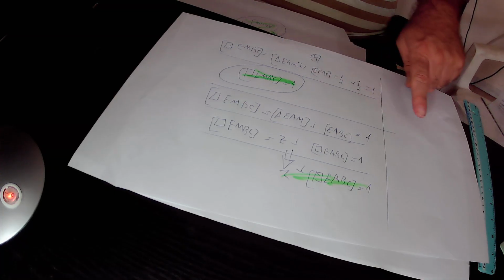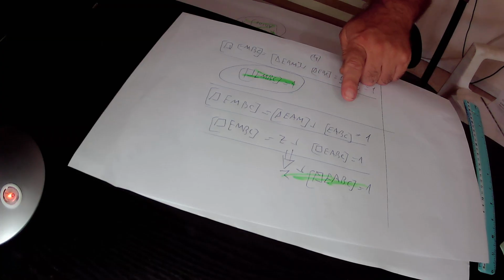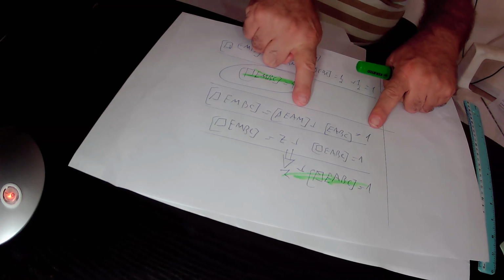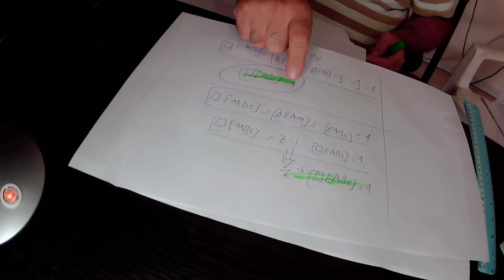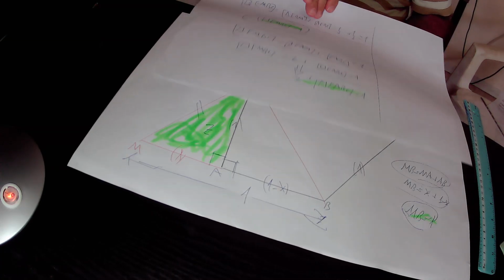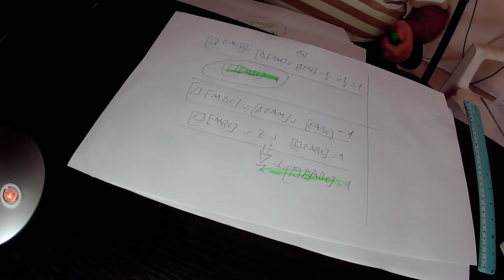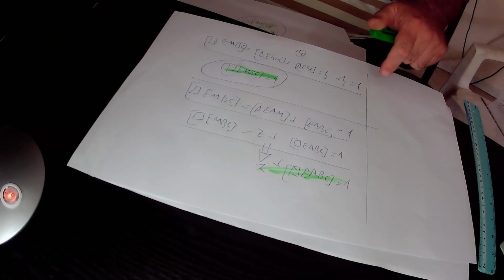And from this equation, we know that the area of triangle EAM, which is Z square units according to our definition, plus the area of quadrangle EABC equals 1. Why?